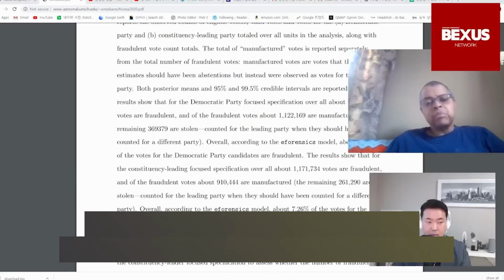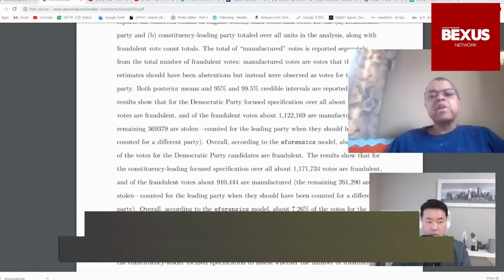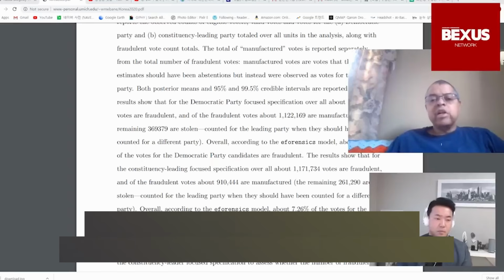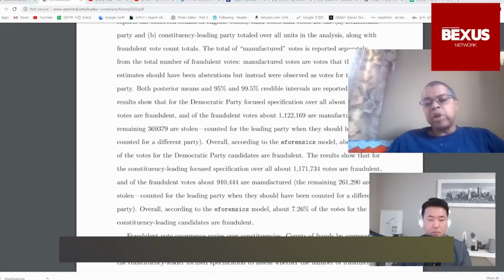So I'm not really sure what's going on there. But I think I have 252 constituencies. And so the Democratic Party, the model says, had 1.4 million of those aggregation units where some combination of turnout and votes for the Democratic Party were too high.